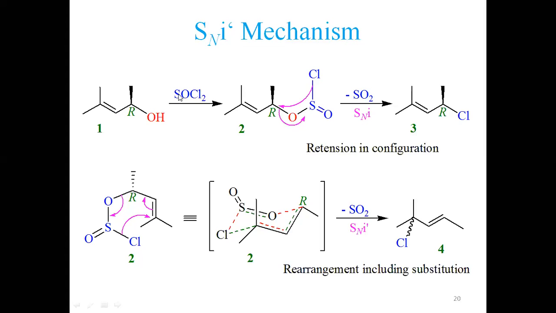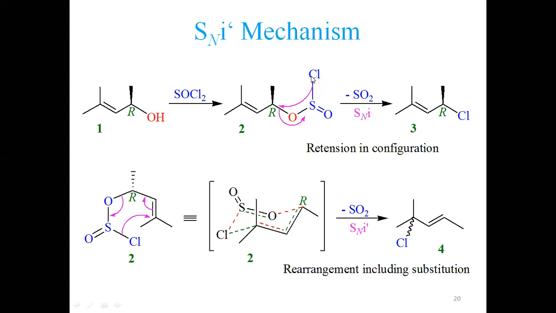If you remember, this is a very simple addition to the sulfur-oxygen double bond. This alcohol acting as a nucleophile shall add over there. This mechanism we have already come across in SNi. So oxygen shall bond with sulfur, having one chlorine and one oxygen. So this is the system you already have.